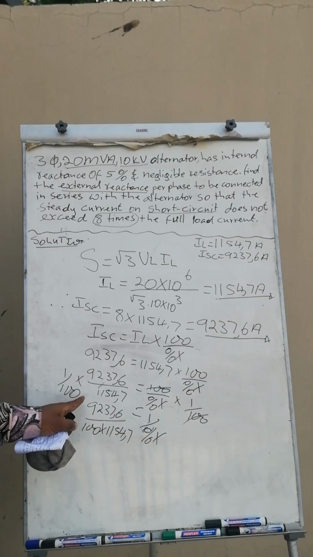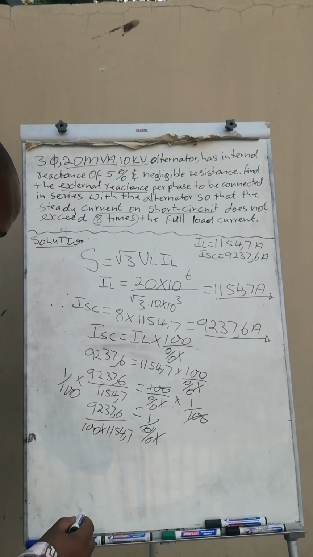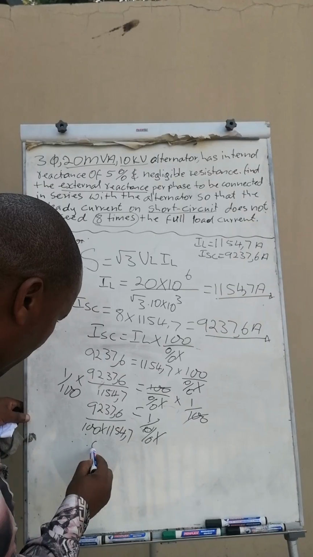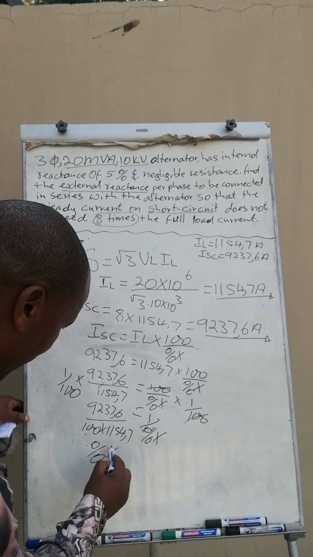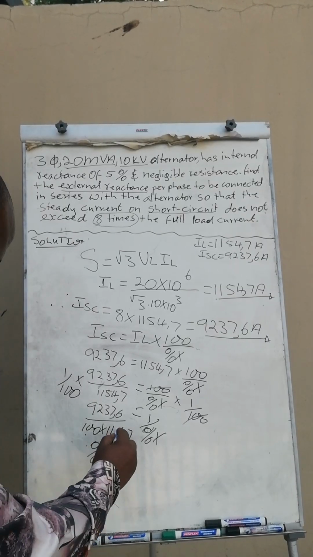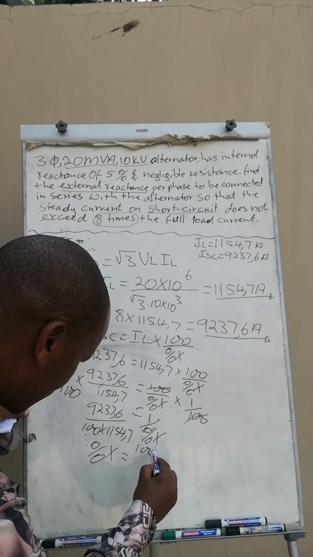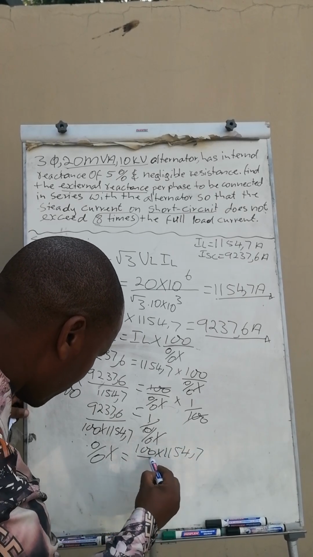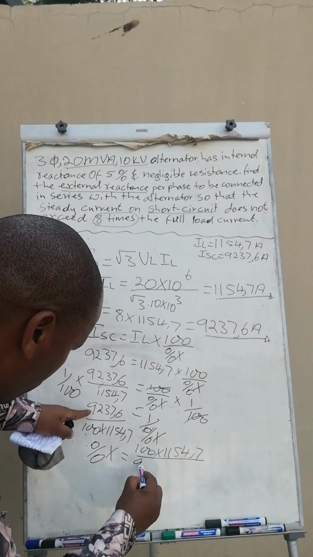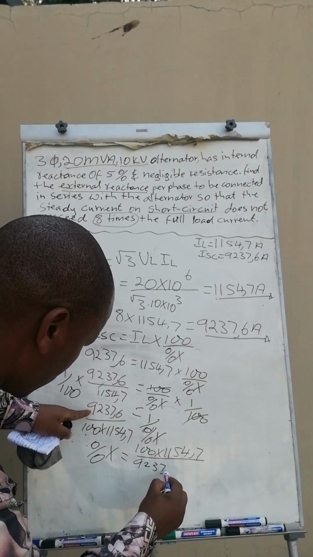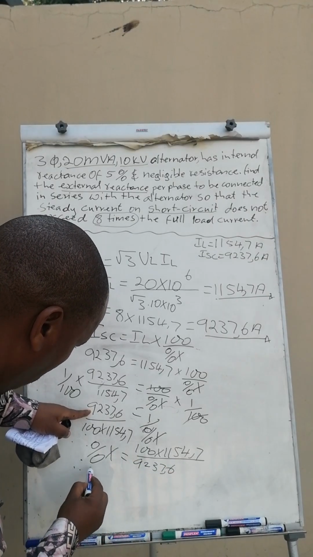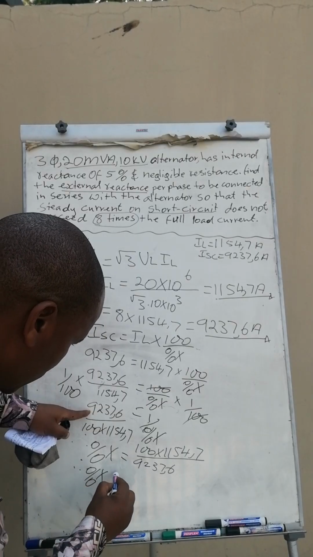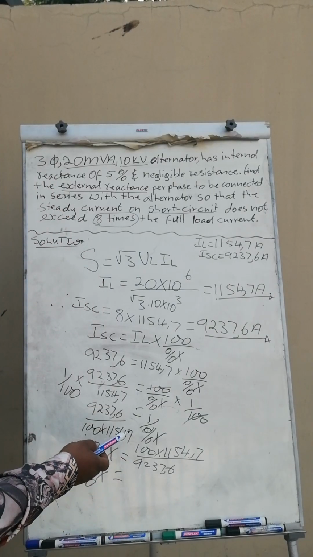We can cross multiply, but without cross multiplying we can safely say percentage reactance is equal to 100 multiplied by 1154.7 divided by 9237.6. Therefore percentage X is equal to what? Look.